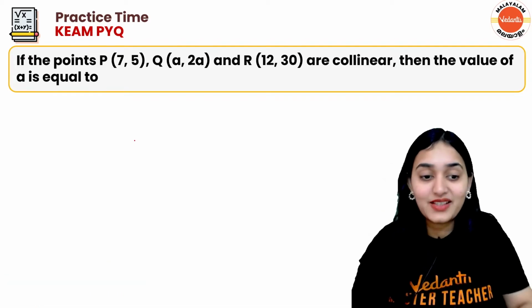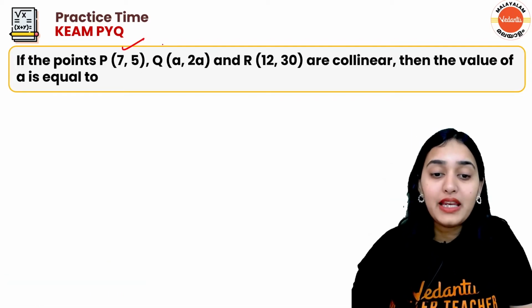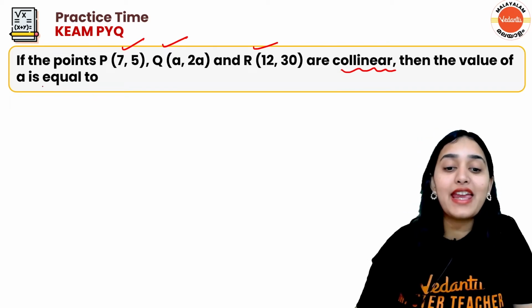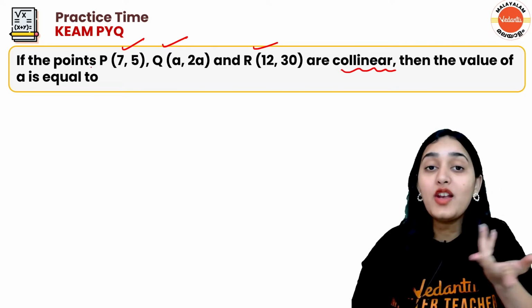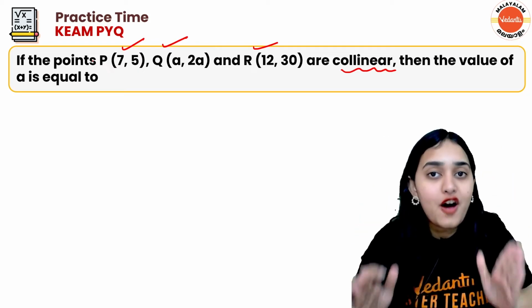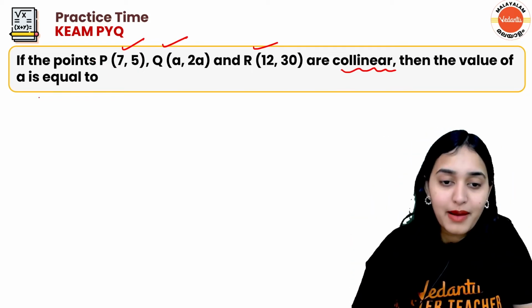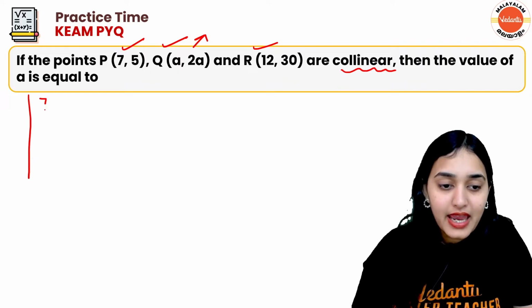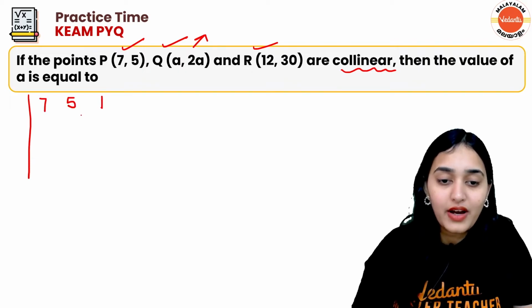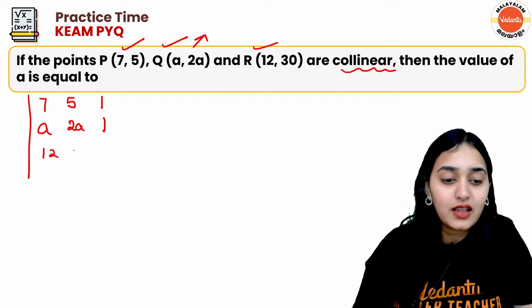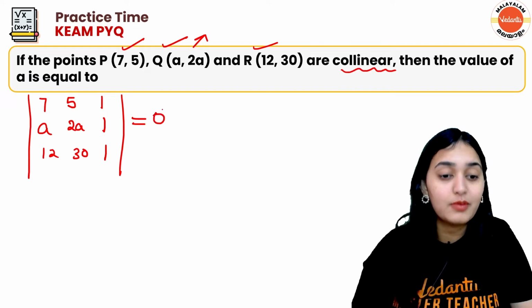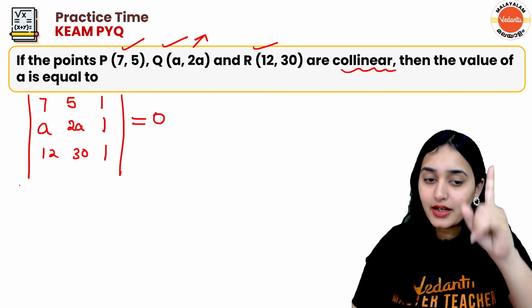Okay, next question. If P, Q, R are collinear, then the value of a is equal to dash. What is collinear? The area of the triangle is 0. So remember, the collinear formula is the determinant with rows x1 y1 1, x2 y2 1, x3 y3 1, and this determinant will be 0. Now find the determinant.